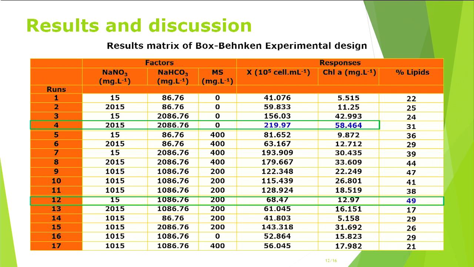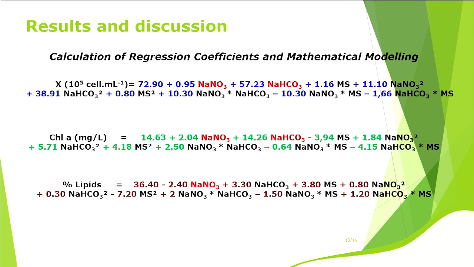When we calculated the coefficients of the response of biomass and lipids production, we had high coefficients for nitrogen and carbon for biomass and chlorophyll production, and the highest coefficient for mineral solution for producing lipids.